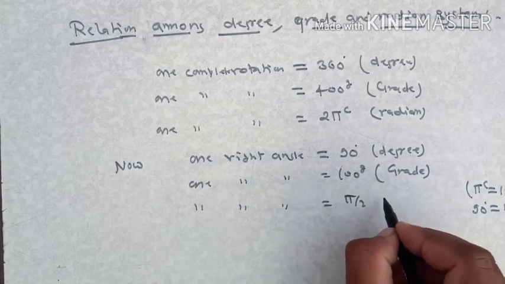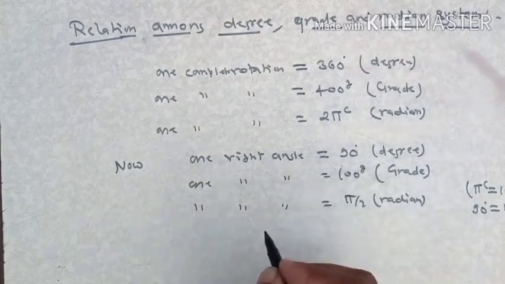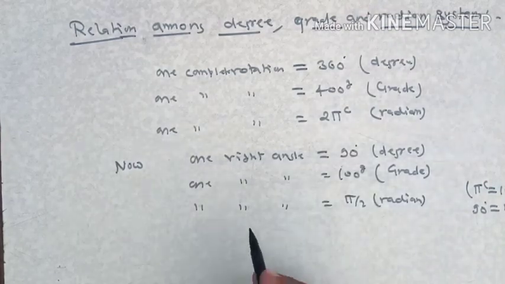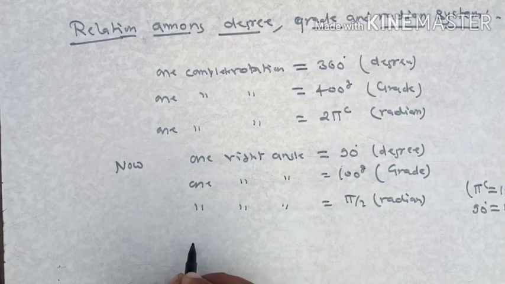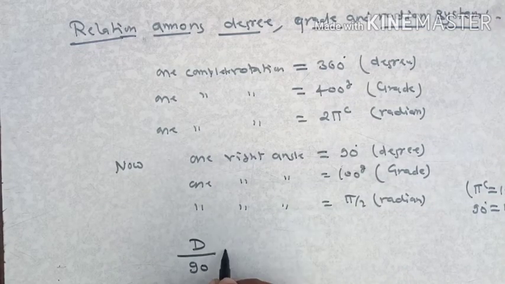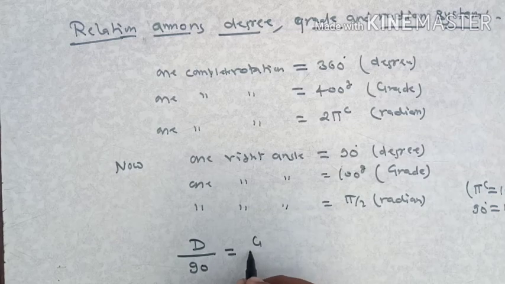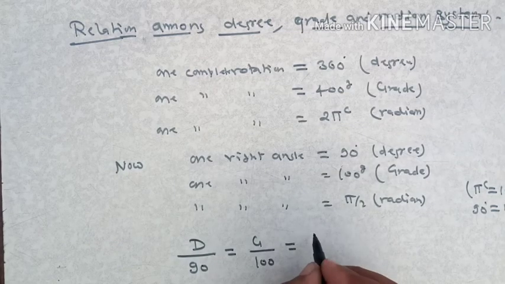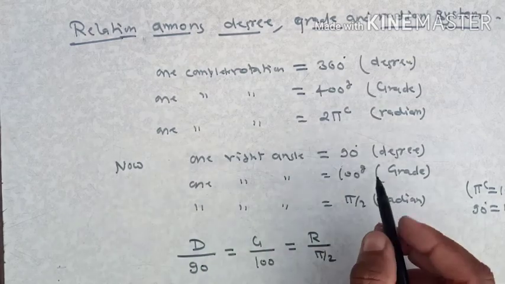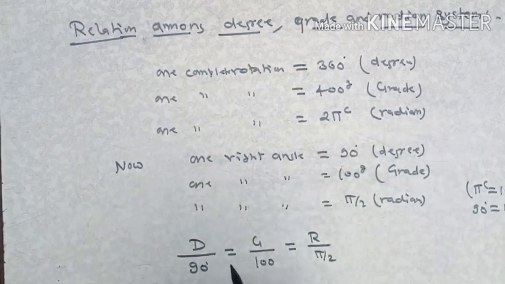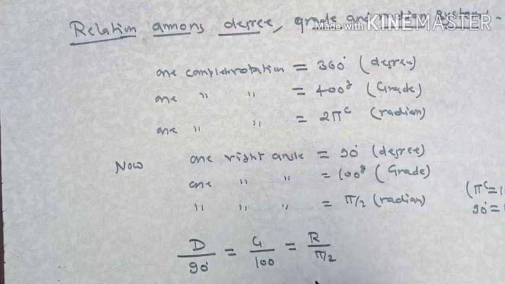Therefore, in all cases, 1 right angle is the same. So degree by 90 equals grade by 100 equals radian by pi by 2. In all cases, 1 right angle is equal. So d by 90, g upon 100, r upon pi by 2.